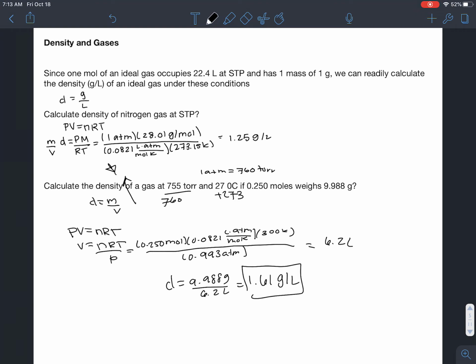So know that if rearranging the equation doesn't make too much sense, you could always just solve for one variable and then use standard conditions if it's at standard conditions, or use the mass.